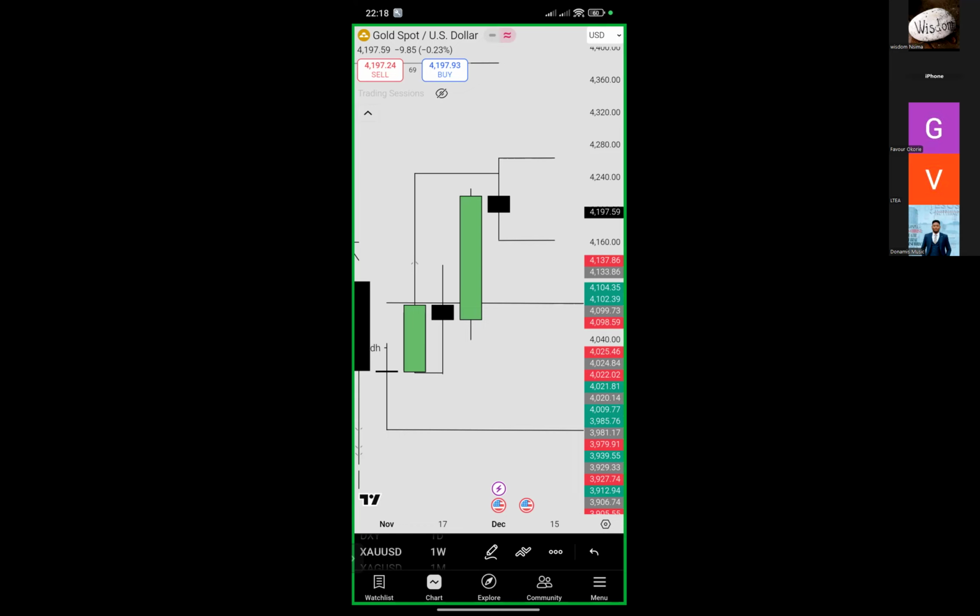Remember, for following the trend, we would like price to expand to the upside. But for price to expand, we need some kind of liquidity below. But are we coming for the, what is it called? For the weekly low?